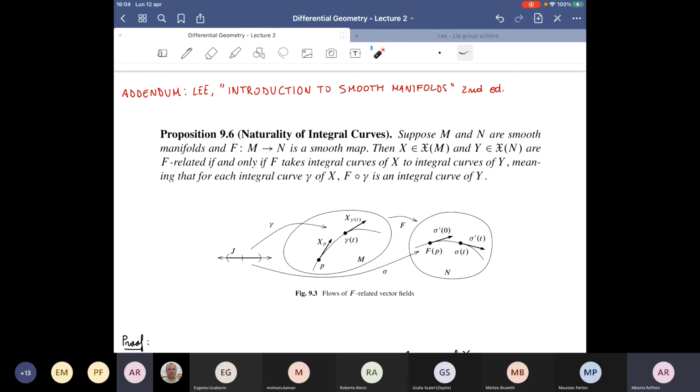And this means that if you have an integral curve of x as defined earlier, then the composition of this integral curve with F will give you an integral curve of y.